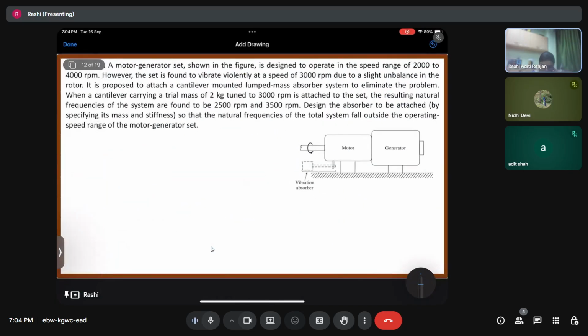Okay, now coming to question number 4. This is a bit lengthy question, but I'll try to explain it. In case you have any doubt, you can ask me in between also. So we have a motor generator set as shown in figure, designed to operate in the speed range of 2000 to 4000 RPM.